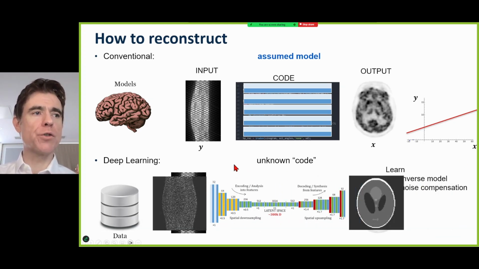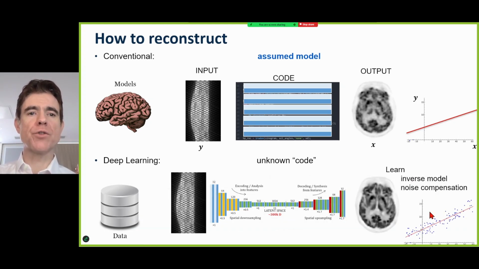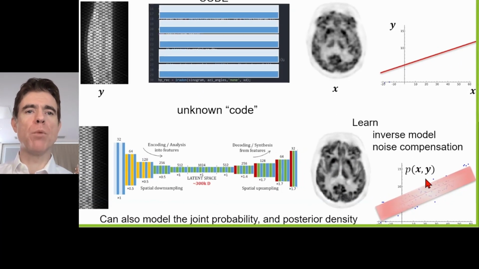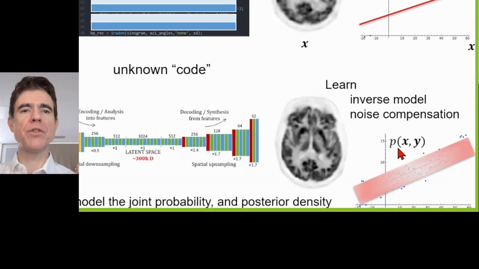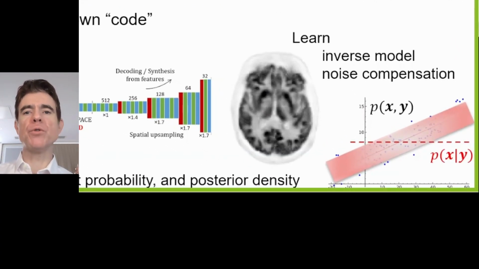And according to the quality of the data, we can learn not just the inverse model, we can also learn how to compensate for noise. And so I'm trying to depict that here by showing the fact that we could have noisy data, and we're trying to map that to some underlying image X. And so to point out then, we can even get into modeling this joint probability density, and in particular looking at what we call the posterior density.